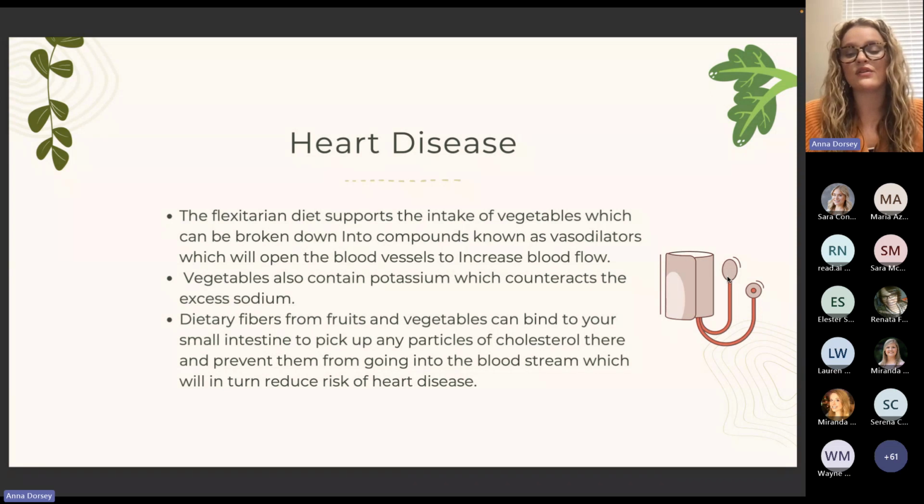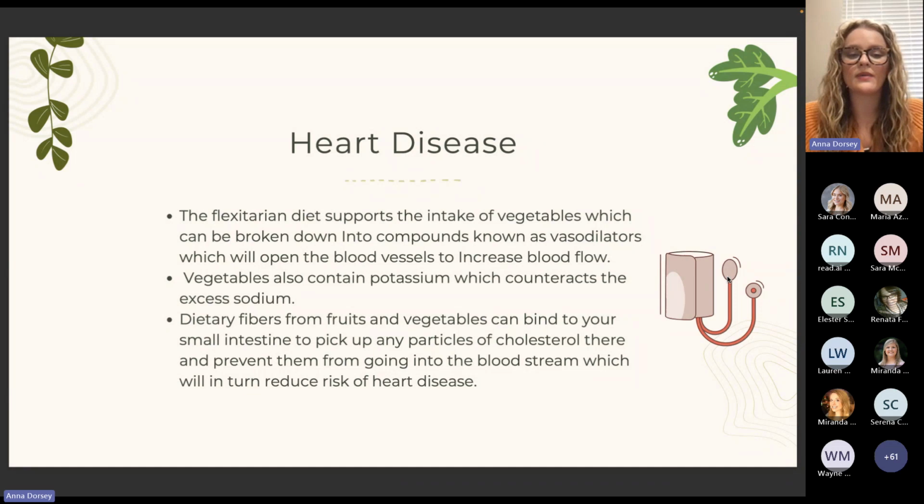It prevents clogged arteries. And then also, vegetables contain a really high amount of potassium. So if you have really high blood pressure, that potassium is going to help counteract any excess sodium that could be present in your body.